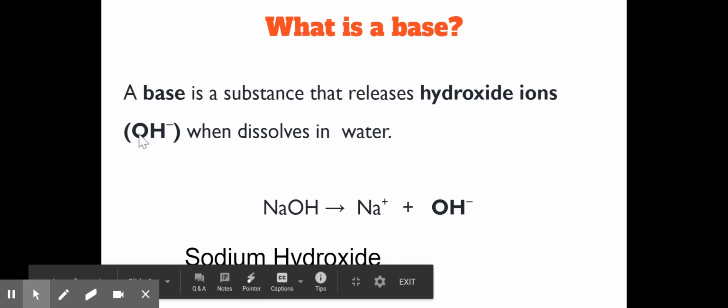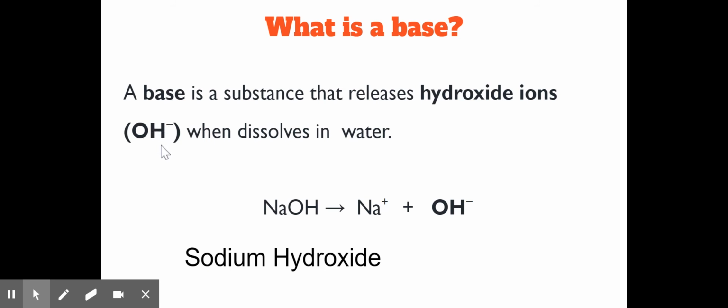It contains one hydrogen and one oxygen in the ion. Basically, it's a polyatomic ion. The whole thing has a negative one charge. So a base can release hydroxide ions when dissolved in water.